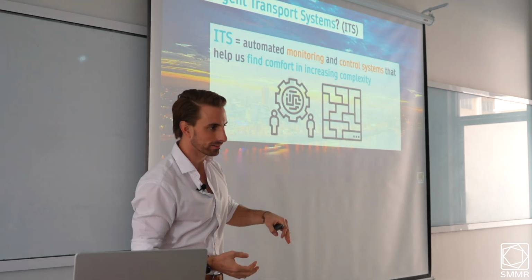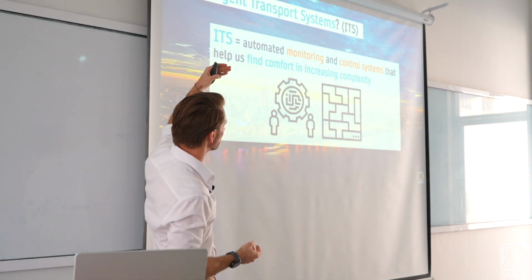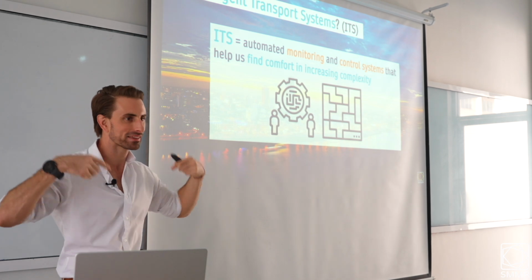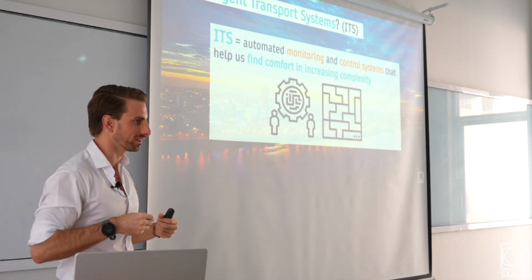And ITS are, or can be described as automated monitoring and controlled systems that help us find comfort in increasing complexity. It's all about monitoring, seeing what is happening in real time, and when we can see what's happening, we can manage it, we can control it.